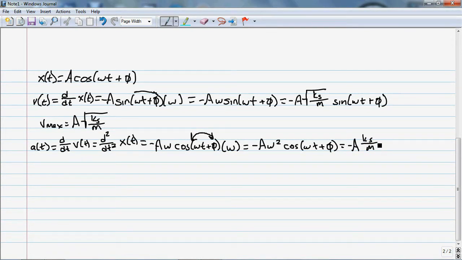And we can substitute in for omega. And our max acceleration is going to be A times k, the spring constant, over the mass.